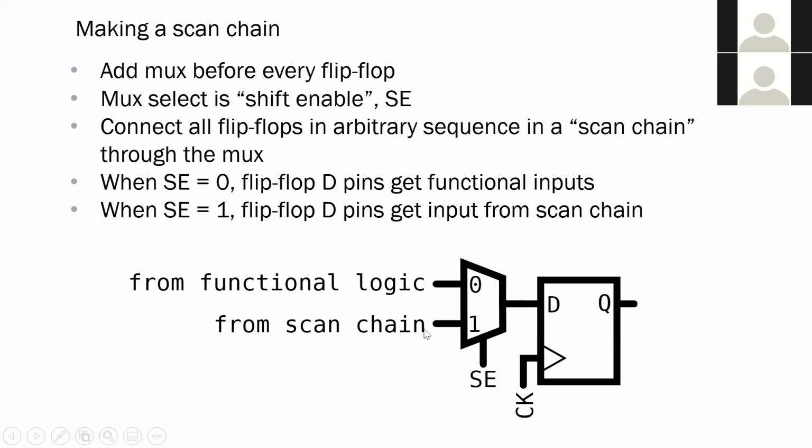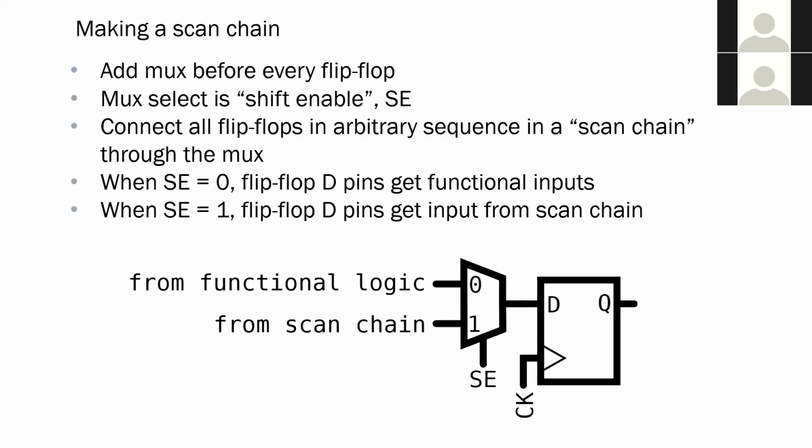The other input of the mux is connected to some other flip-flop directly. And so every flip-flop is connected to another flip-flop through this mux input, and that chain of flip-flops connected through these muxes is what we call a scan chain.